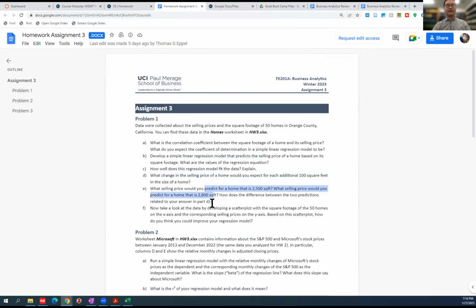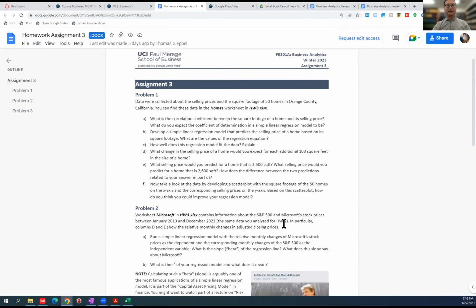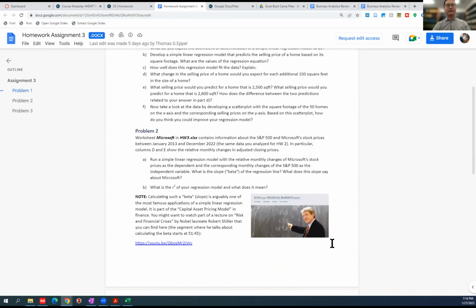Then we need to make some prediction before doing a scatter plot. Have you completed all of them? Any difficulties and unclear parts? We can also move on to problem 2.